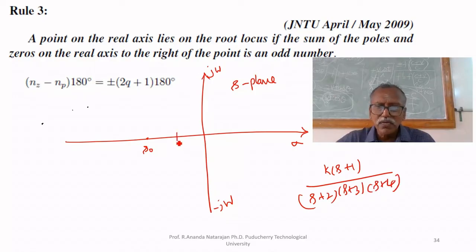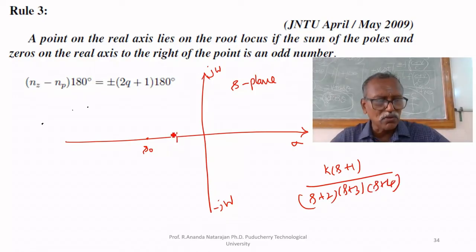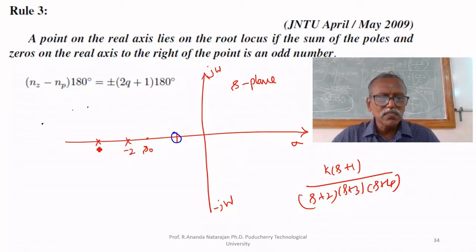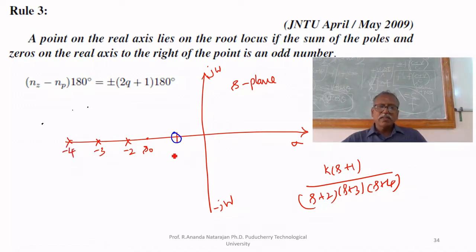The zero is at minus 1. The other 3 poles are at minus 2, minus 3, minus 4. So, one point I am selecting here.